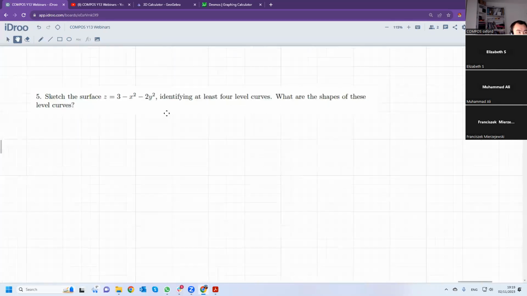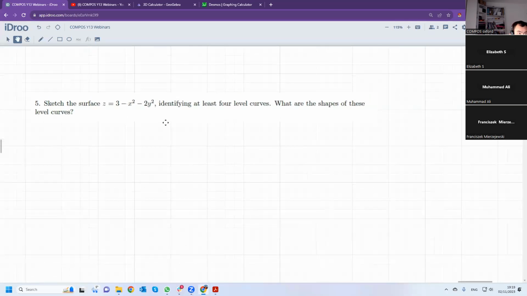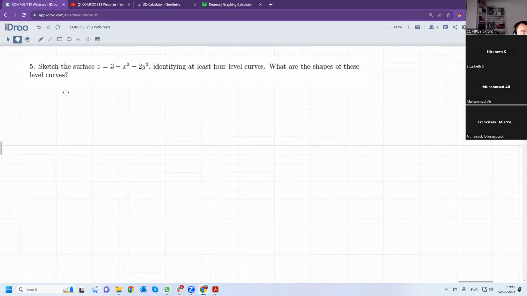Sketch the surface, identifying at least 4 level curves. What is the shape of these curves? Okay, so to sketch this, it is a three-dimensional shape.